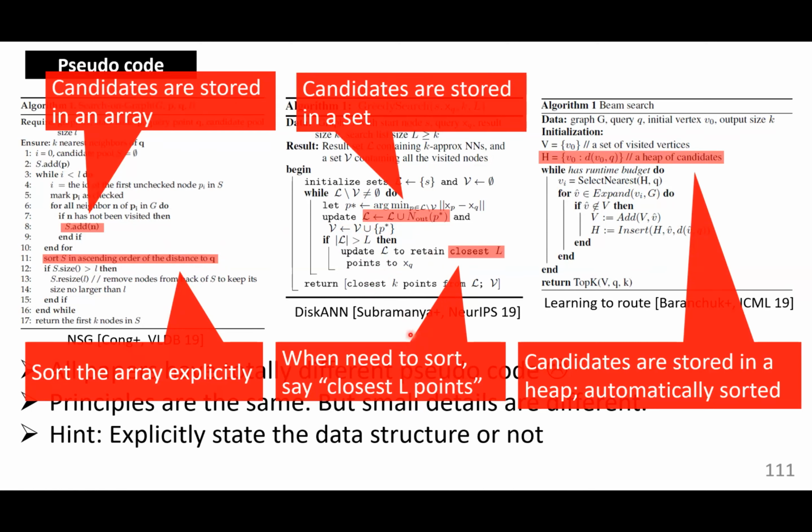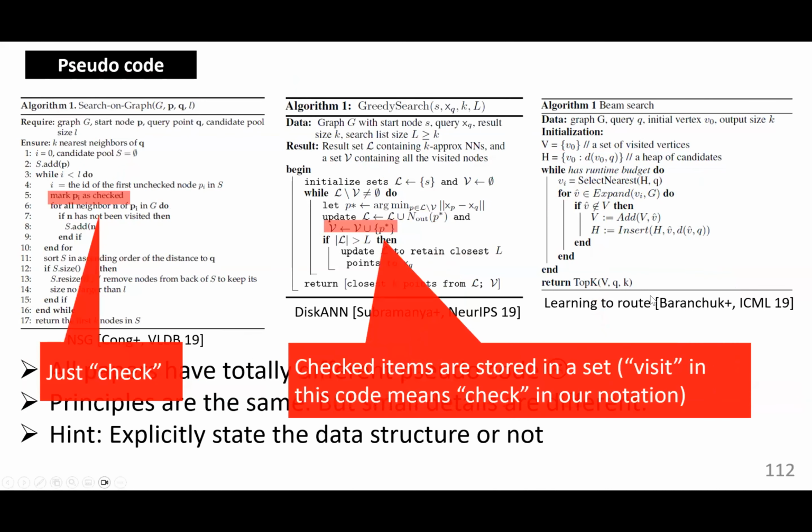In the third paper, they explicitly use a heap, meaning the candidates are stored in a heap, so it's automatically sorted. Good.